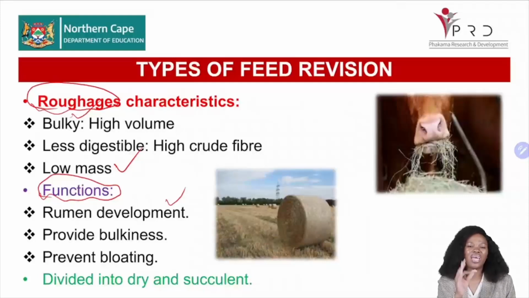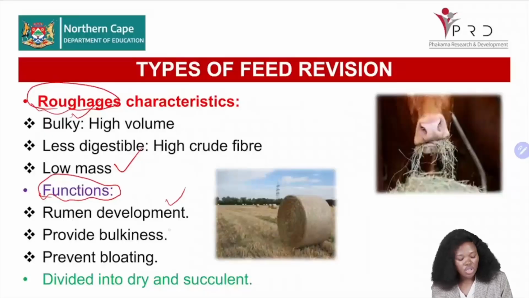Rumen, reticulum, and omasum are underdeveloped. The only thing responsible for the development of these is the roughages. Once the young ruminants start consuming roughages, that is when the rumen will start developing, right?